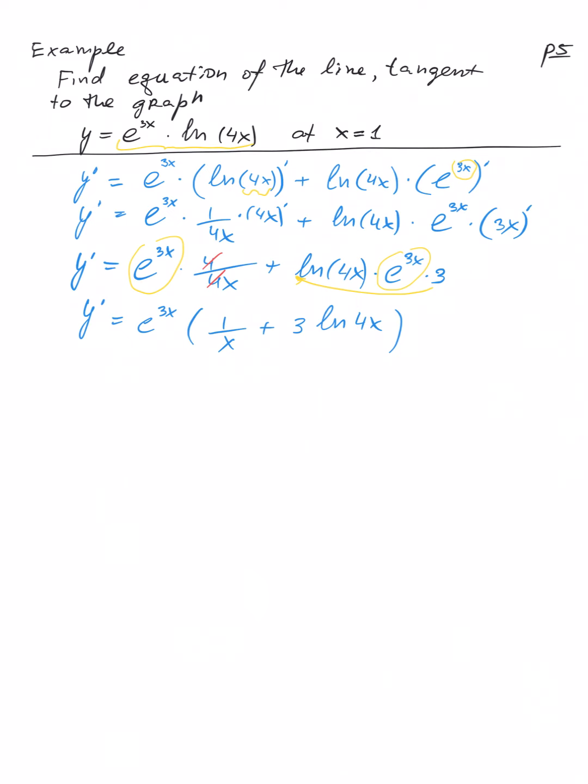So from y prime, I can get the slope at x equals 1. So evaluating y prime at x equals 1 gives me e to the 3 times 1 is 3, times 1 over 1 is 1, plus 3 times ln of 4 times 1 is 4.